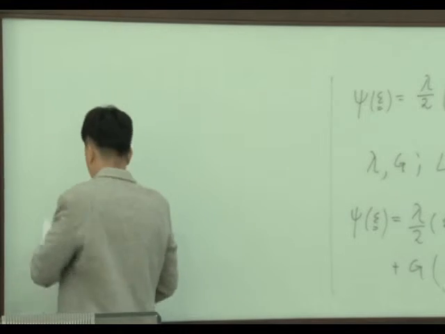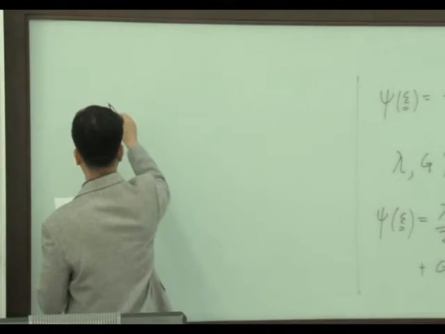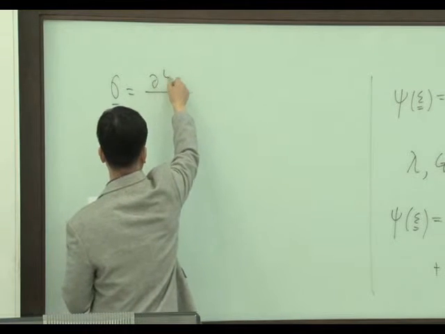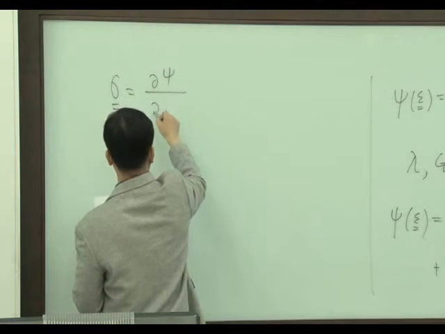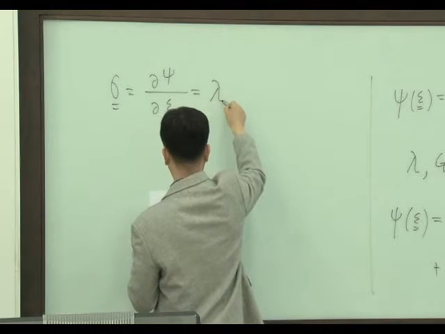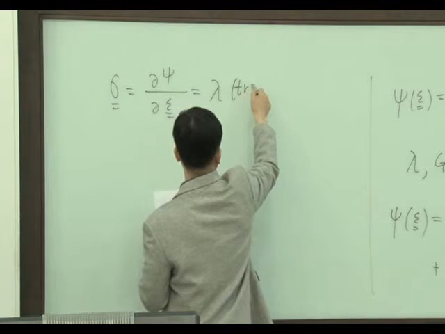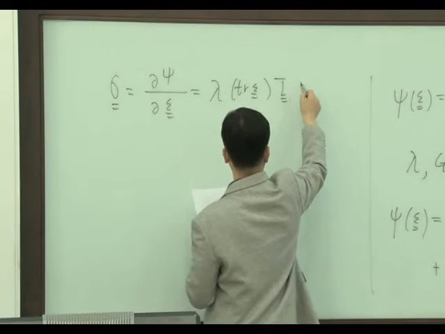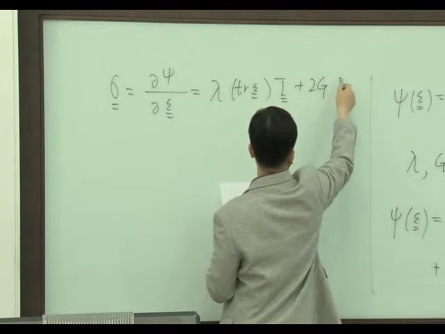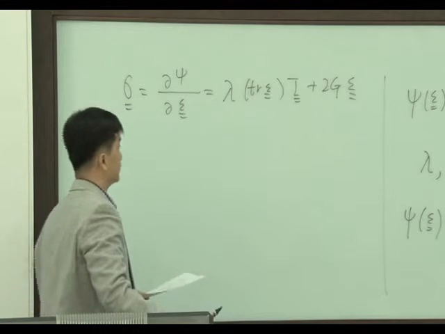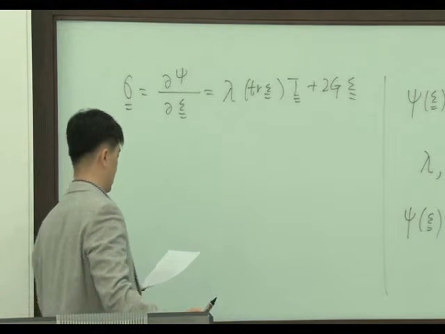Okay, so I need to give you this first. If you do that kind of job again and again, finally we have this result: lambda trace E times I plus 2G E. This is the result of differentiation.